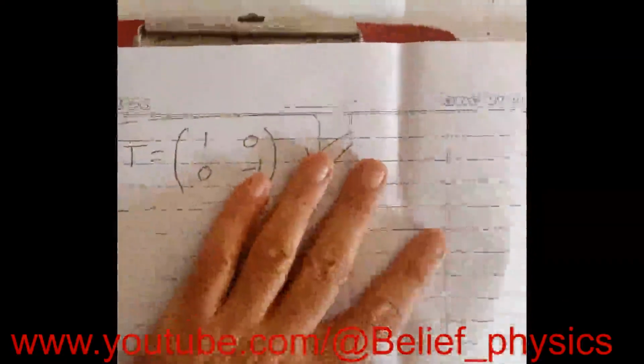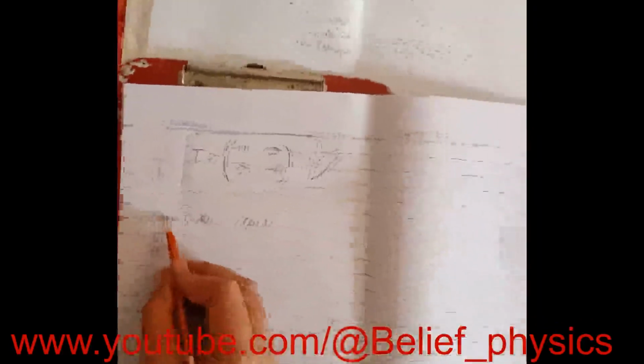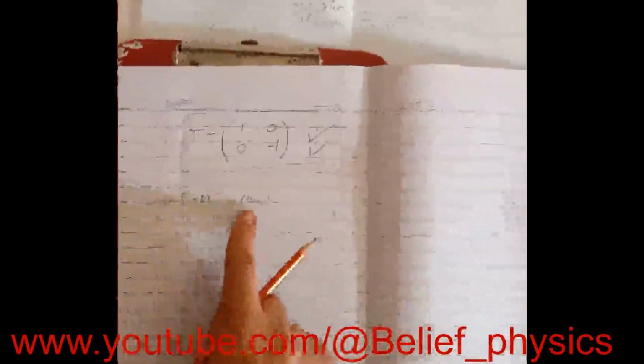But there are some other methods which are specific to the transformation. For example, if we know the transformation is a reflection, how do we find the matrix? Suppose we take 2 points, one point is 1 0 and the second is 0 1, and we want the transformation matrix for reflection in the x-axis.